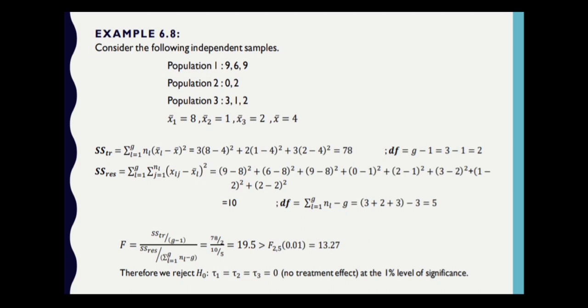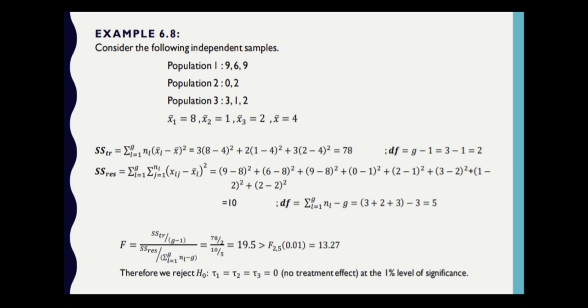Okay, and then to find the residual, this is the formula. Okay, apply the formula for each of the observation. So kena buat untuk setiap observation. So 9 minus 8, because 8 adalah mean for first population. So sehingga sini 9 minus 8, and then 0 will be minus 1 because 1 adalah mean untuk second population.